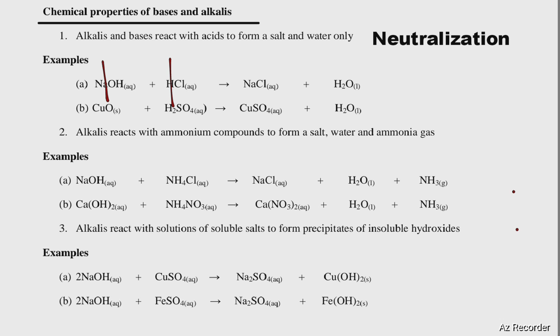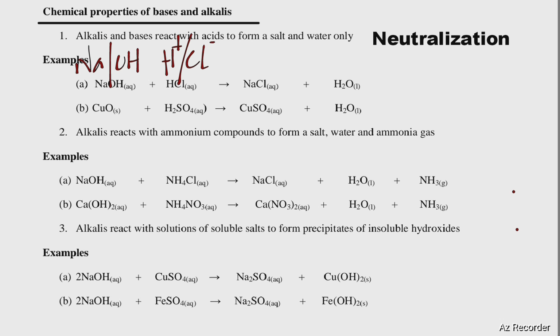You're going to have an ion for sodium, an ion for hydroxide, and once you split, an ion for hydrogen and an ion for chloride. These are the things that will actually be reacting after the ionization has taken place.